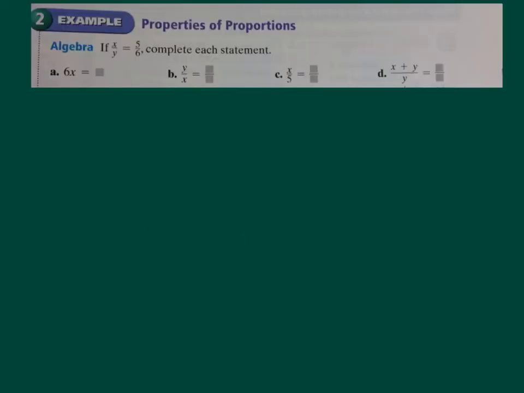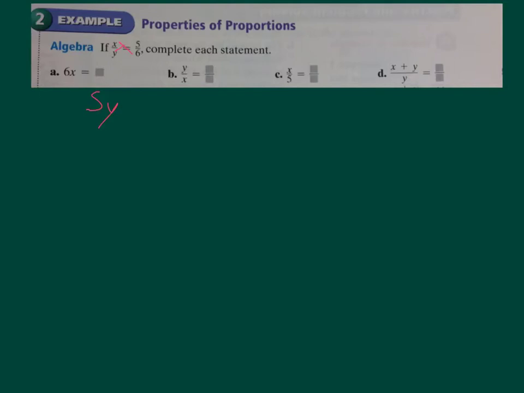Example number 2 asks us to work with the proportion x over y equaling 5 over 6. So, according to our cross product property, 6 times x has got to equal 5 times y, or y times 5, but you should always put your coefficient, the number, out in front of the variable.